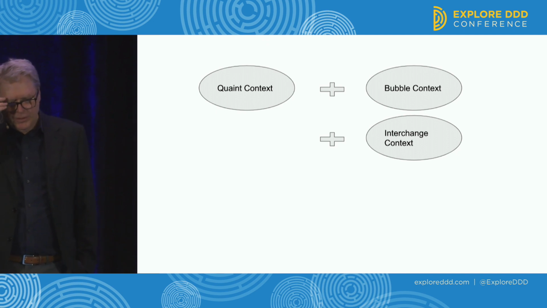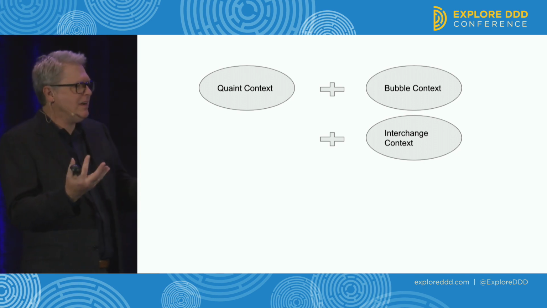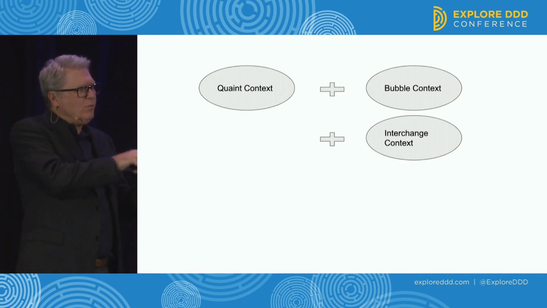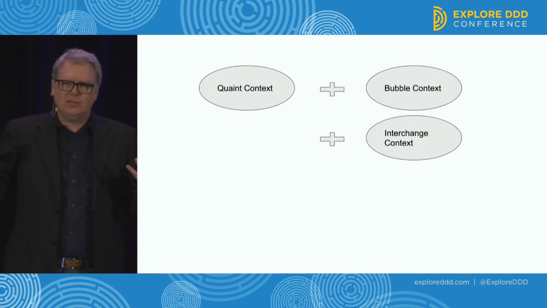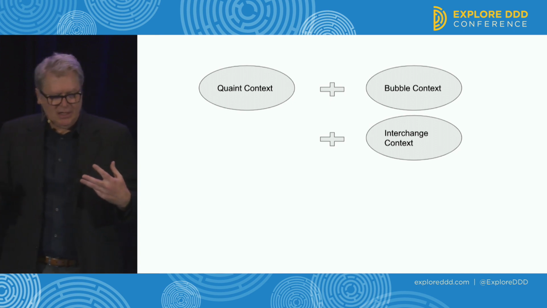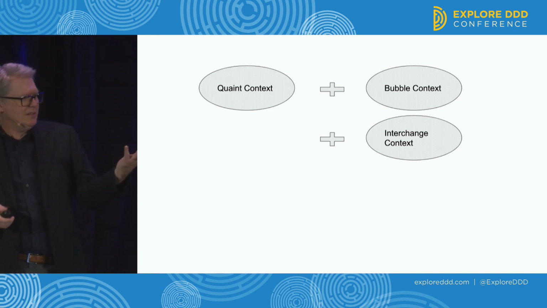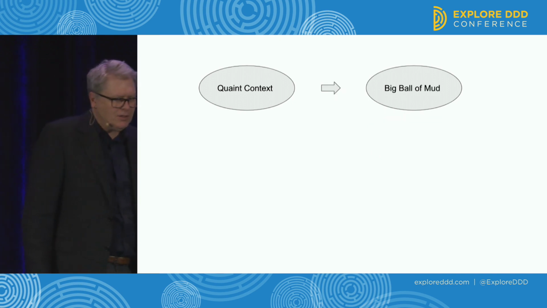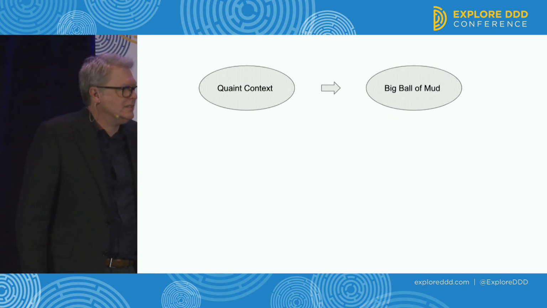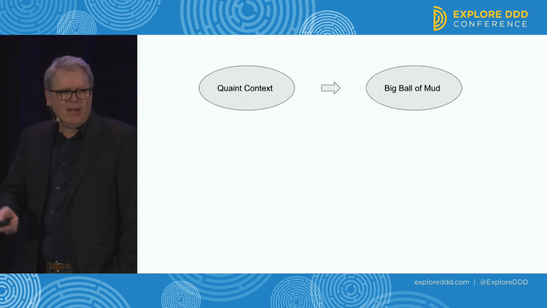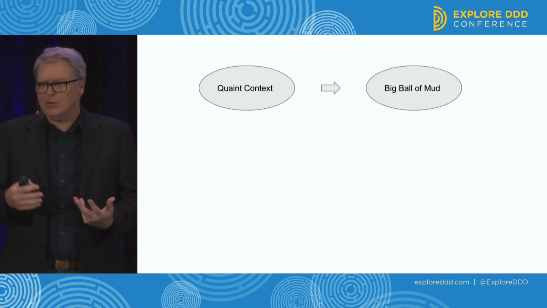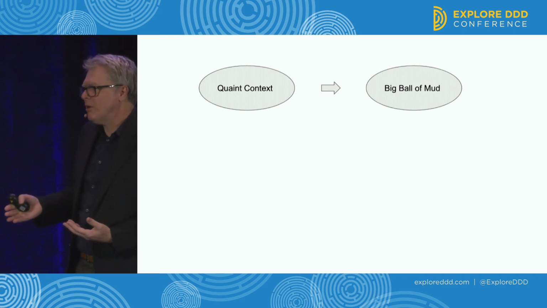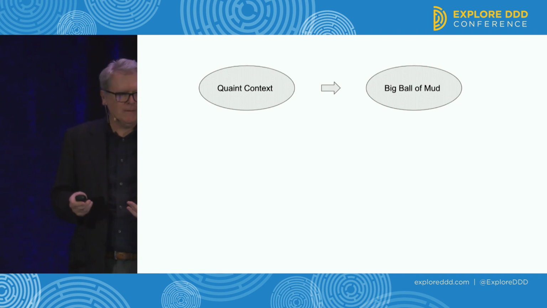You could take a quaint context and build a bubble context alongside it to take the core domain responsibilities out, where you could start making big changes and avoid damaging that quaint context. Or on the other hand, you could turn a quaint context into a big ball of mud. I'm just playing around here with things that you might be able to start talking about, having a richer language of telling the story of what's happening on the project or the risks of a possible strategy.